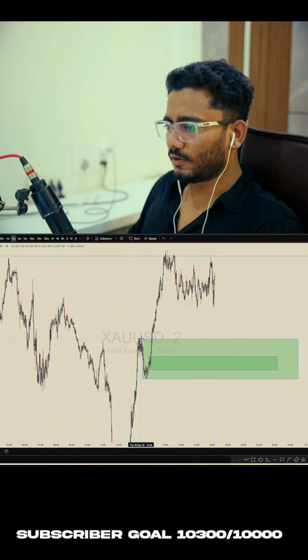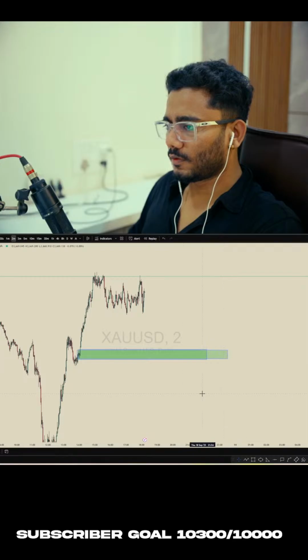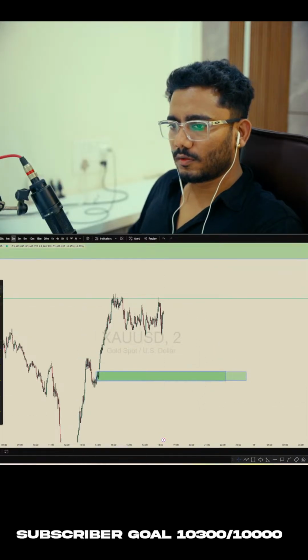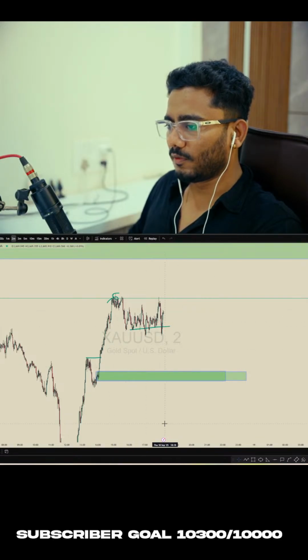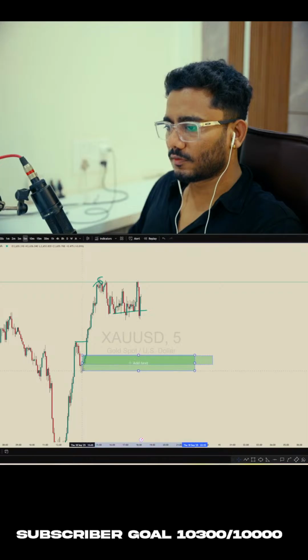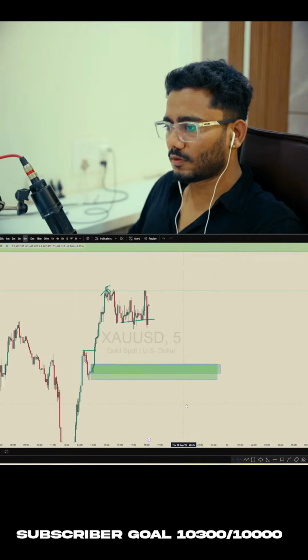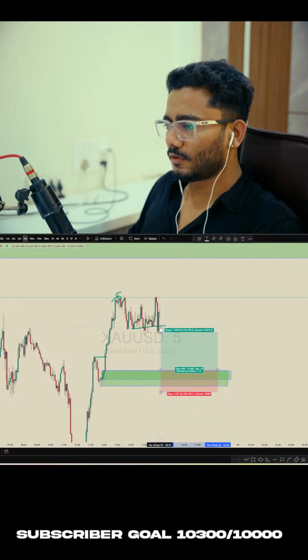This is a refined order block in here. Structure break, new high. We have this liquidity building above the order block. We have this imbalance in the price. So this is around 1:5.